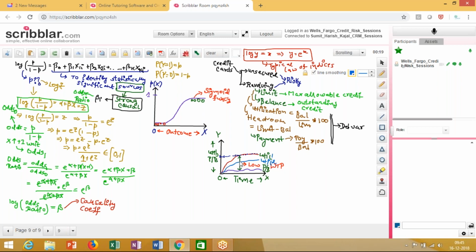So now you can see that this gap for the second guy is much lower. So what we can say is that given a payment balance ratio, a guy with a greater utilization is a more risky borrower in the sense that he has a lower willingness to pay. On the other hand, compared to a guy who has a relatively lower utilization, for him it is higher.